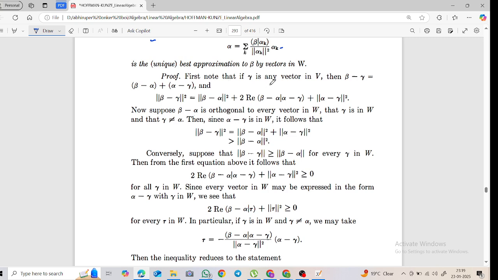So first note that if gamma is any vector in V, then beta minus gamma is this. Okay. So they are breaking up this beta minus gamma in this way. That norm of this is basically this. Okay. Using the inner product formula.